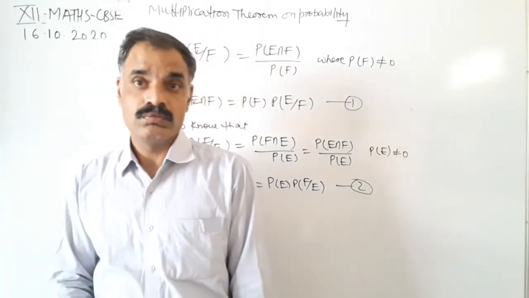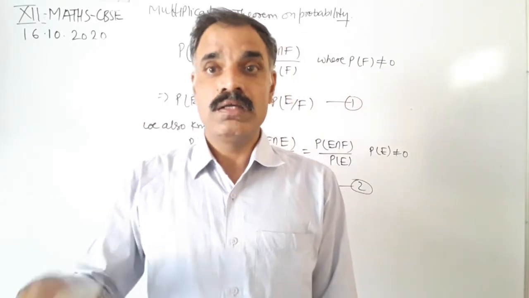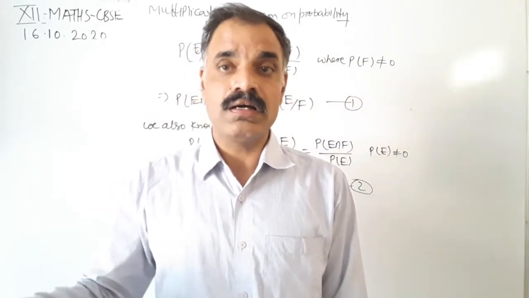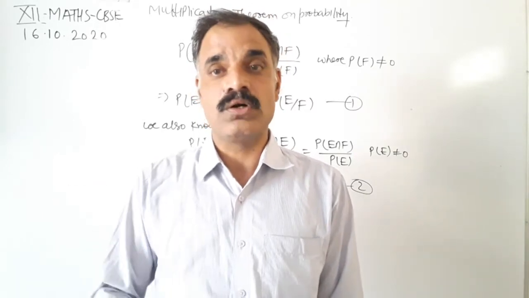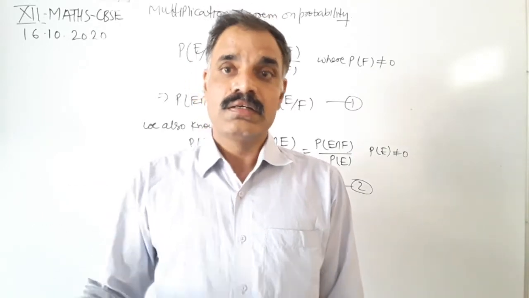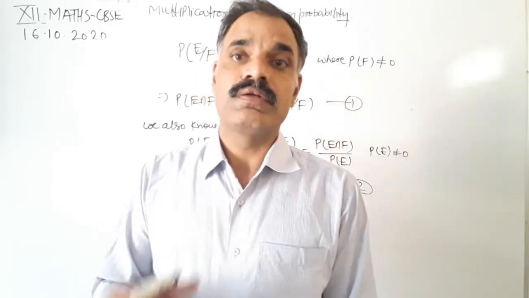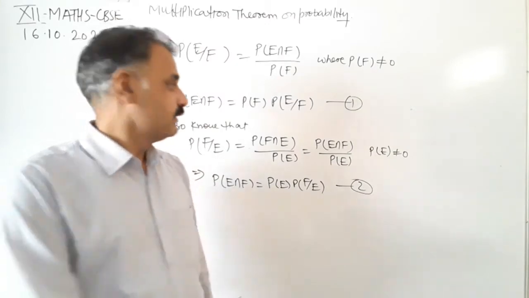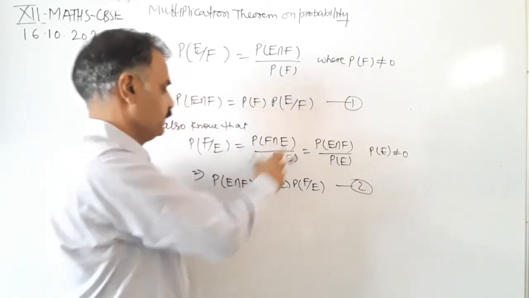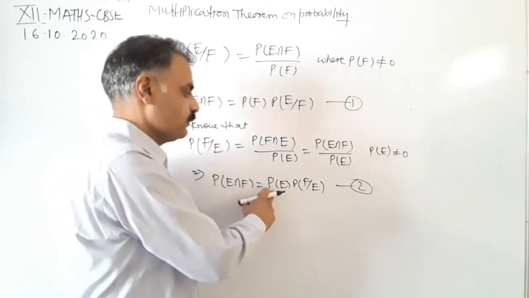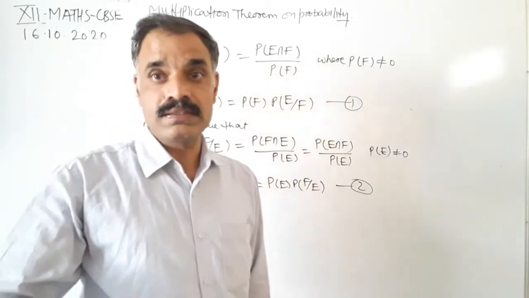So the probability of events occurring one after the other, or simultaneous occurrence of two or more events, can be found by using the multiplication rule of probability. So P(E intersection F) equals P(F) into P(E|F), or P(E intersection F) equals P(E) P(F|E).